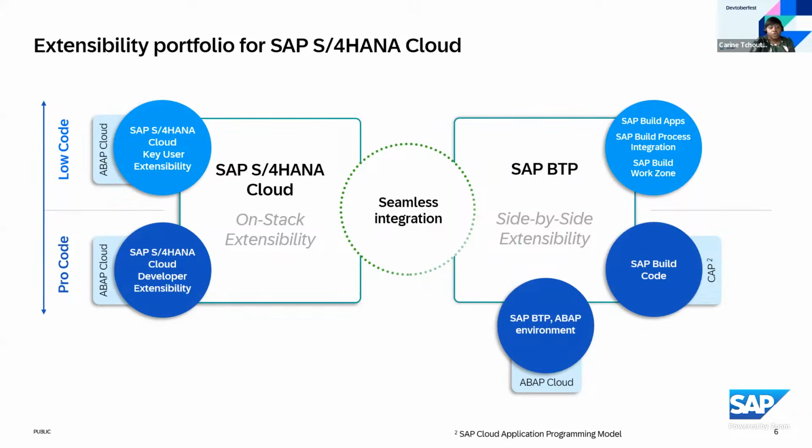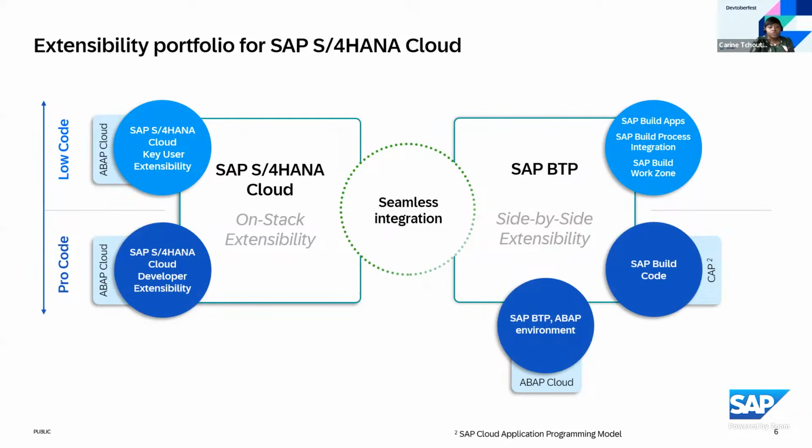And for the ProCode, we have SAP Build Code and SAP BTP ABAP environment for development. Here we have two main programming models: the SAP Cloud Application Programming Model for Java, Node.js, and JavaScript development, and ABAP Cloud for ABAP-based development on the stack.